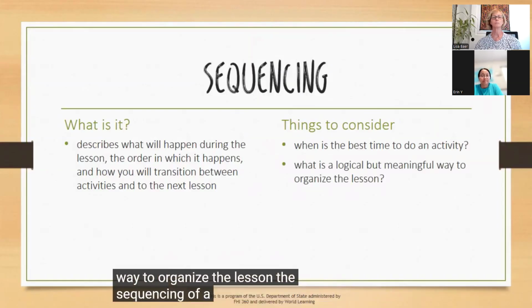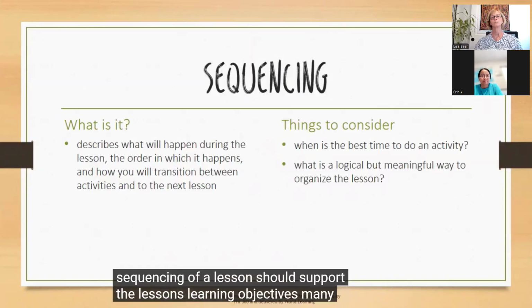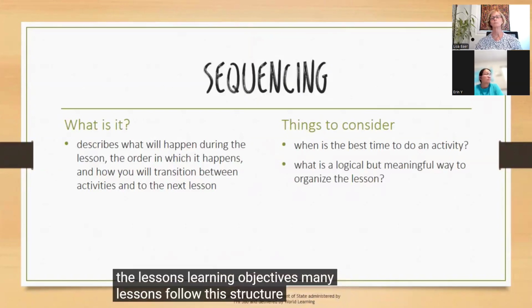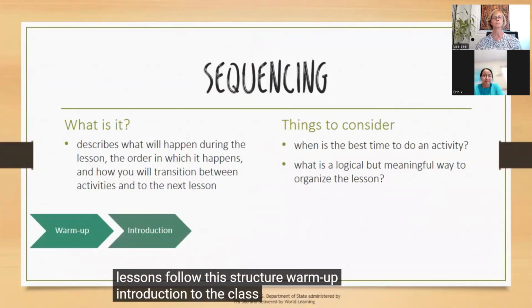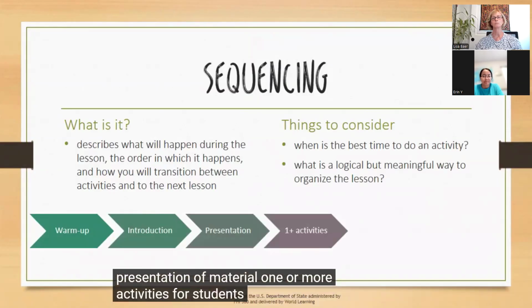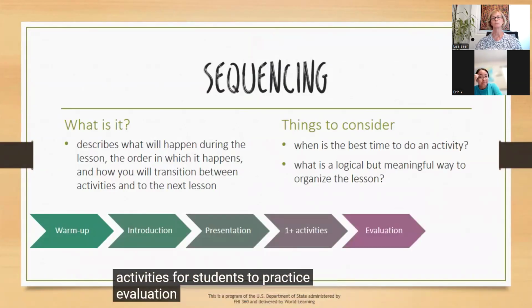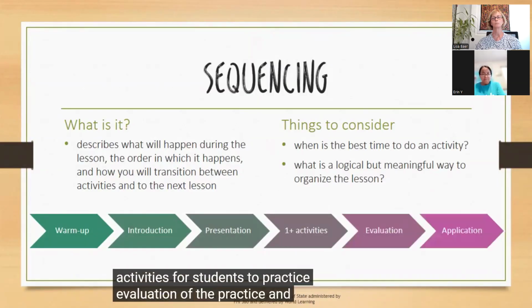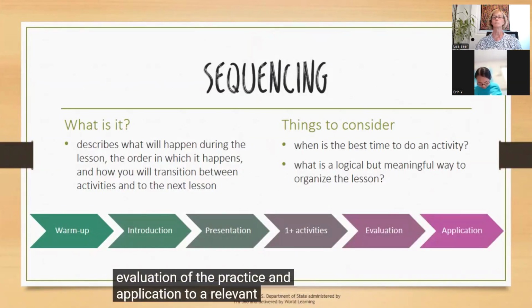The sequencing of a lesson should support the lesson's learning objectives. Many lessons follow this structure: warm-up, introduction to the class topic, presentation of material, one or more activities for students to practice, evaluation of the practice, and application to a relevant activity.